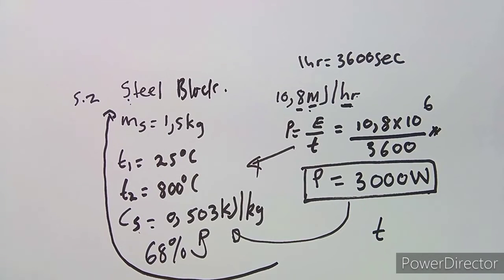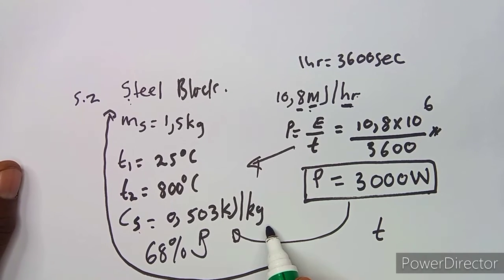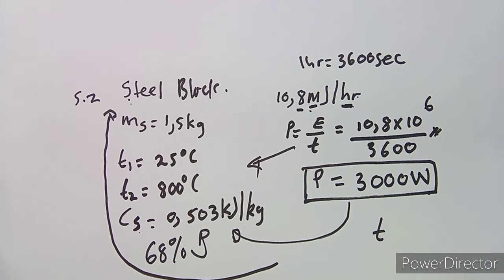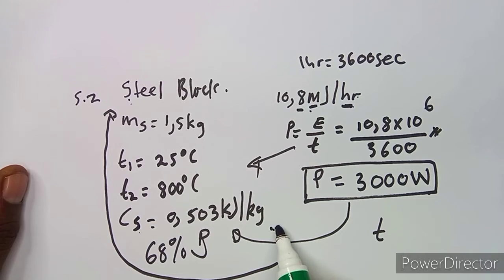Guys, we are given that 68% reaches the block. Let's start by first having the energy that was taken, because 68% of the energy is what is going to be affected here.